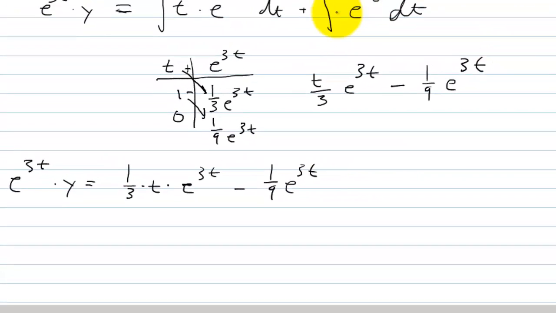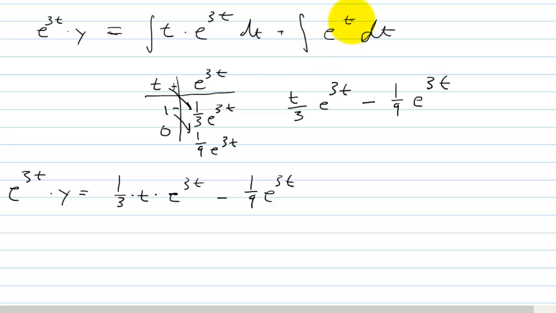And now when we integrate e to the t, you're just going to get e to the t again. So this is going to be plus e to the t. Now we are going to add the plus c. Now we're going to need to rearrange everything, because we've integrated everything on the left side and everything on the right side of the equation.